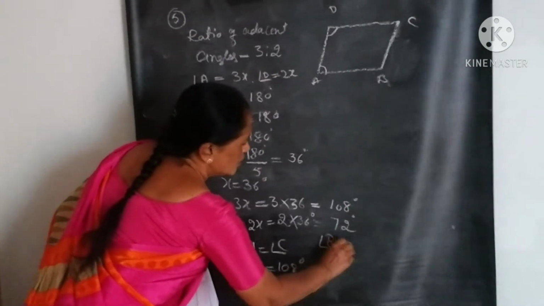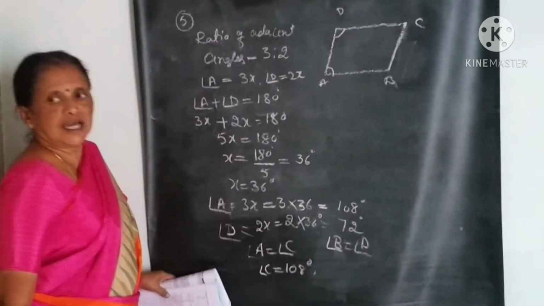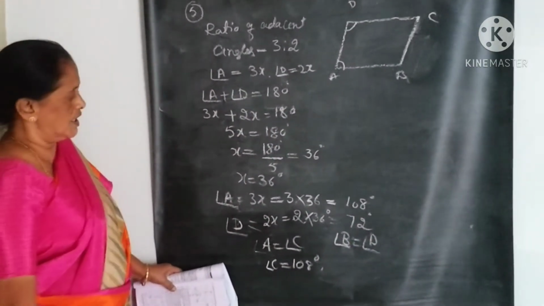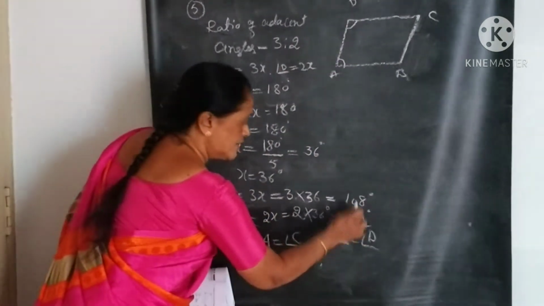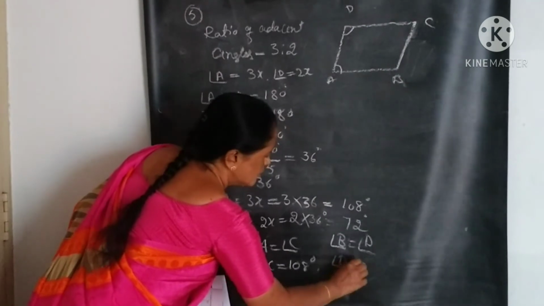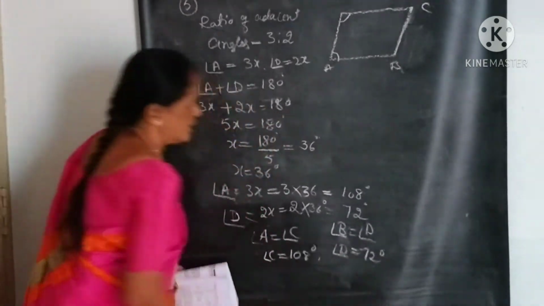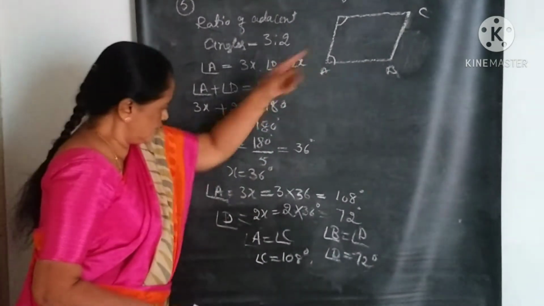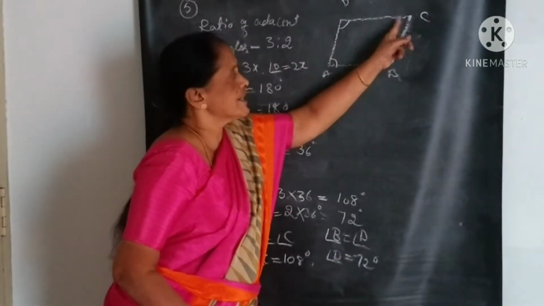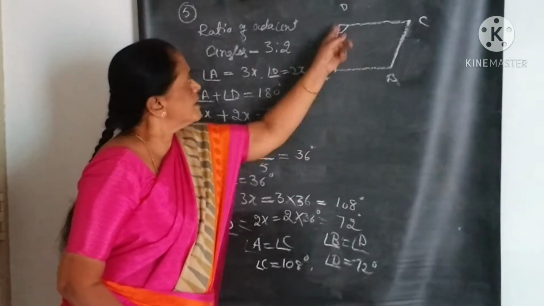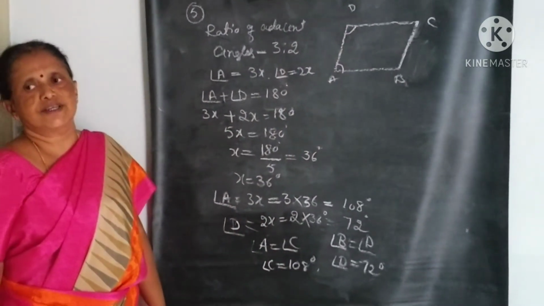Angle B is equal to angle D. They are the opposite angles. They are equal. We already know angle D. That is how much? 72 degrees. So B is equal to 72 degrees. Angle A is 108. Angle C is 108 degrees. And B and D are 72 degrees.